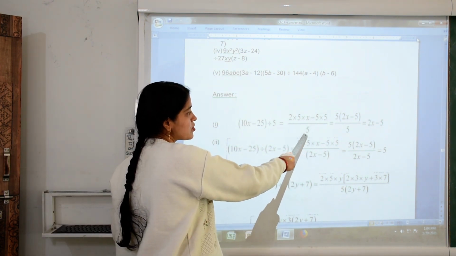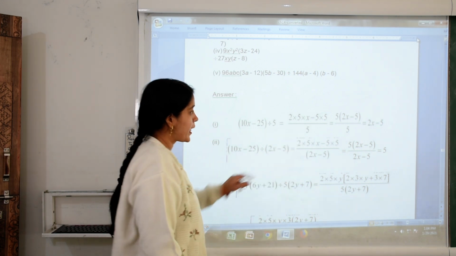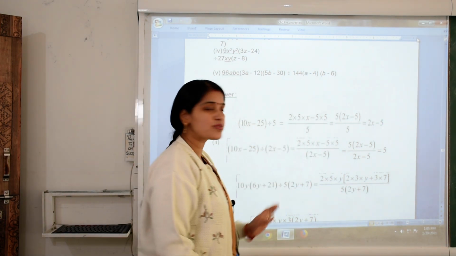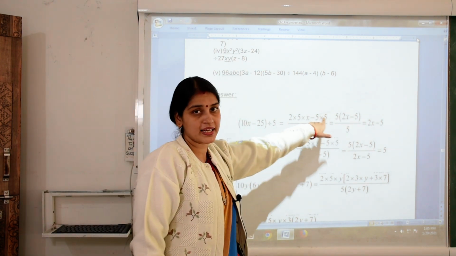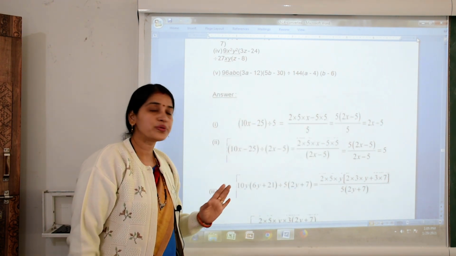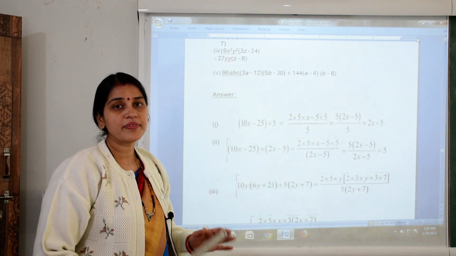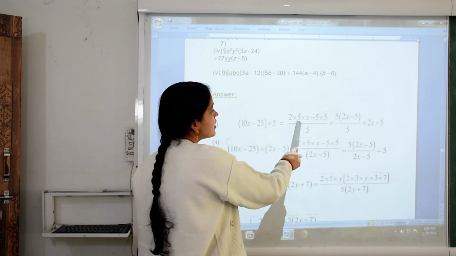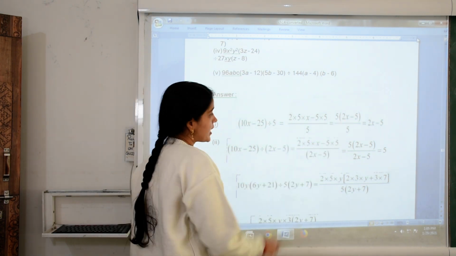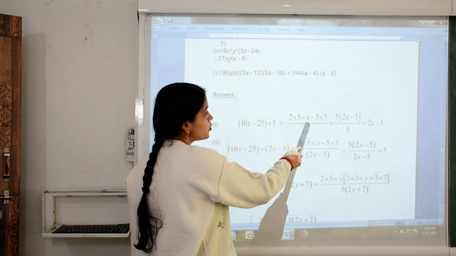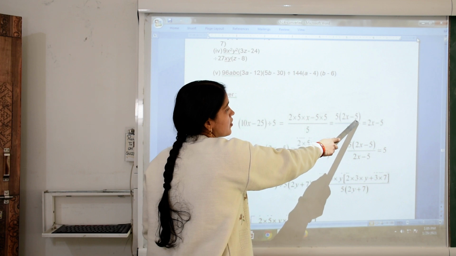So below we also write 5, but we can't cut this 5 and this 5 here, because there is a minus sign. So first of all you have to take the common factor, and after taking the common factor we can cut them. So here 5 is common, so we write 5 outside the bracket. Here 2x is left, so we write 2x then minus 5.